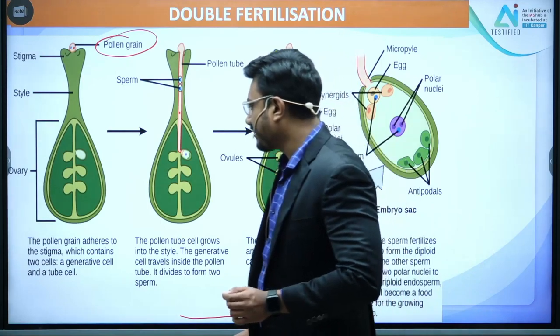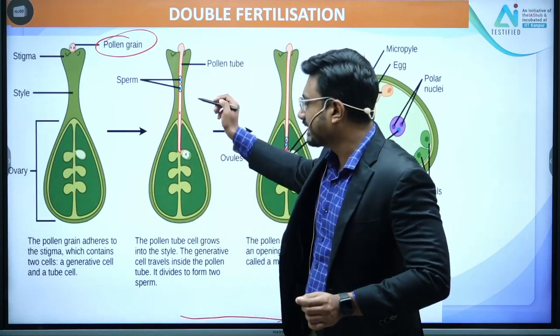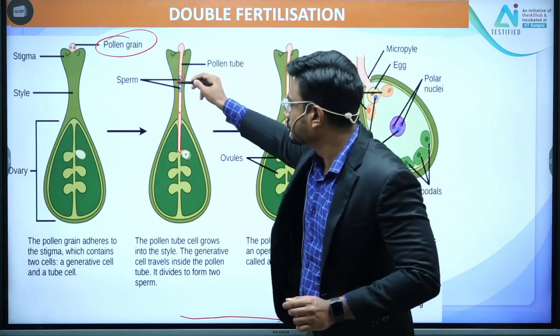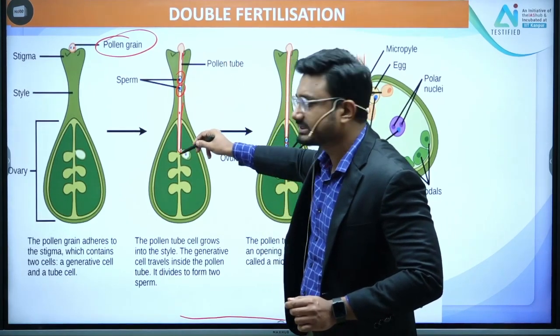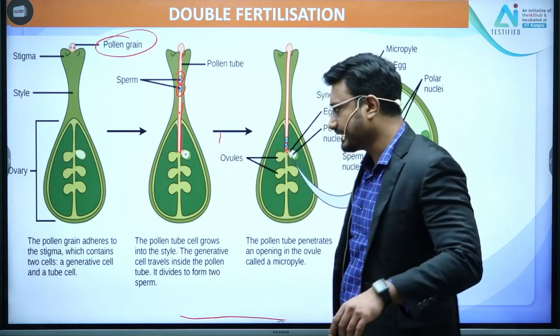Now in this step, the generative cell gets divided into two sperms, and we can see that the pollen tube is elongated.